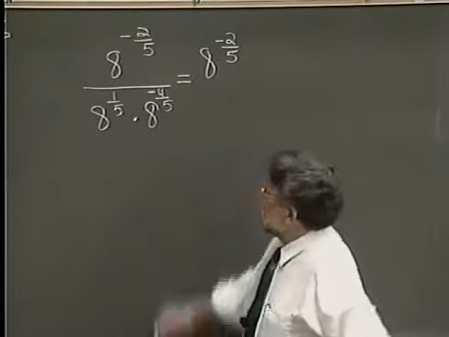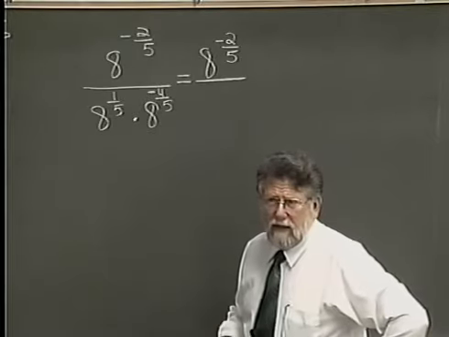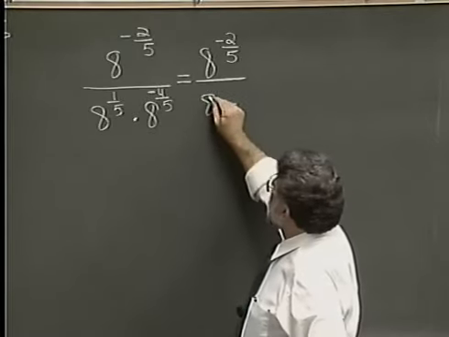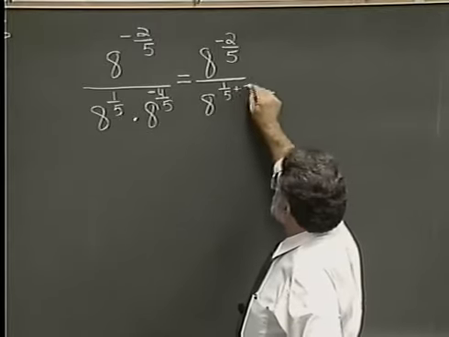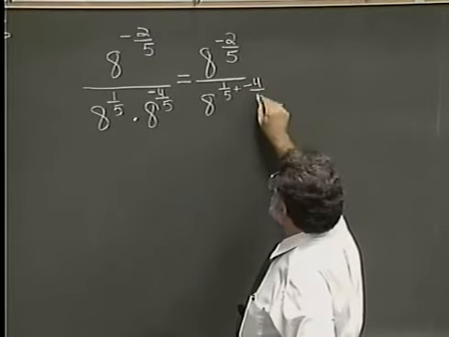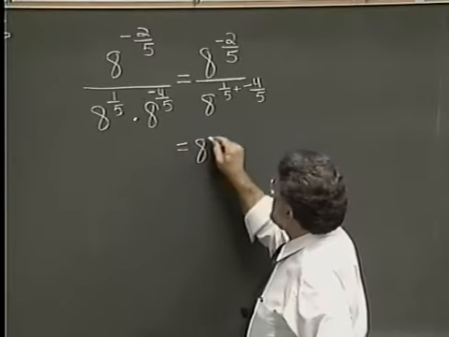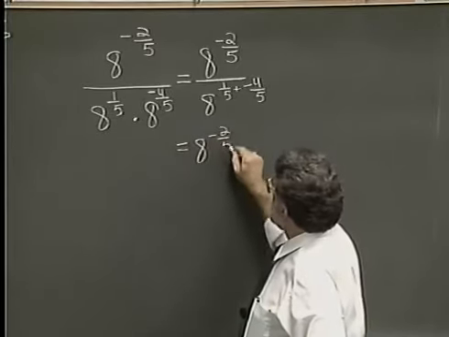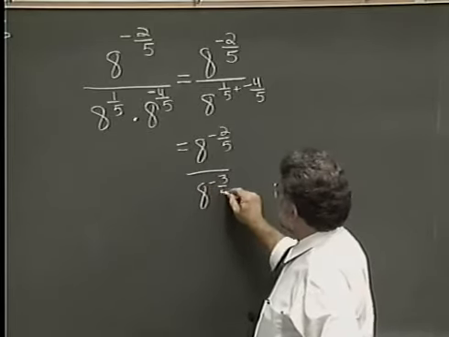Then what do I do down here? I could multiply these two together if I'd like. So that would be 8 to the what? 1/5 plus negative 4/5. So that's going to simplify to 8 to the minus 2/5 over 8 to the minus 3/5.